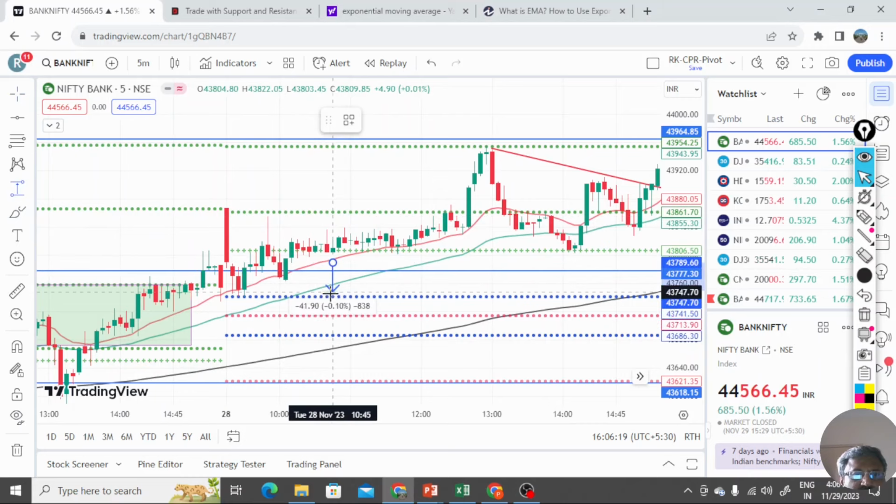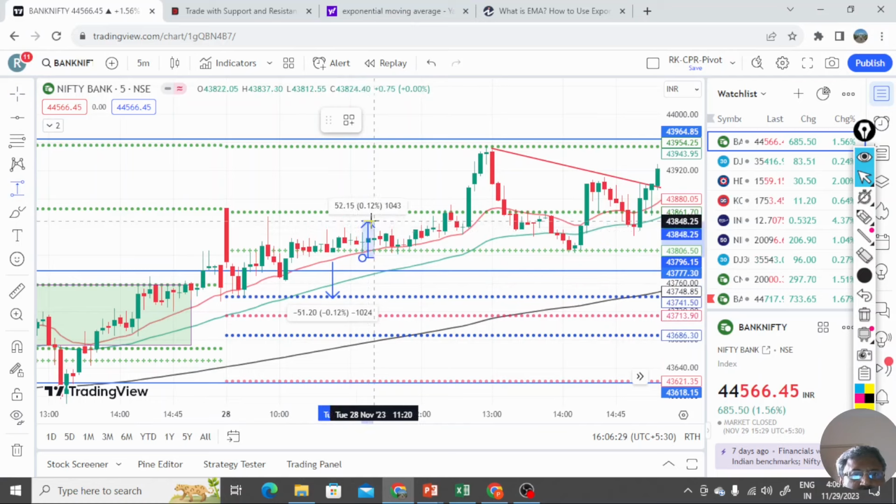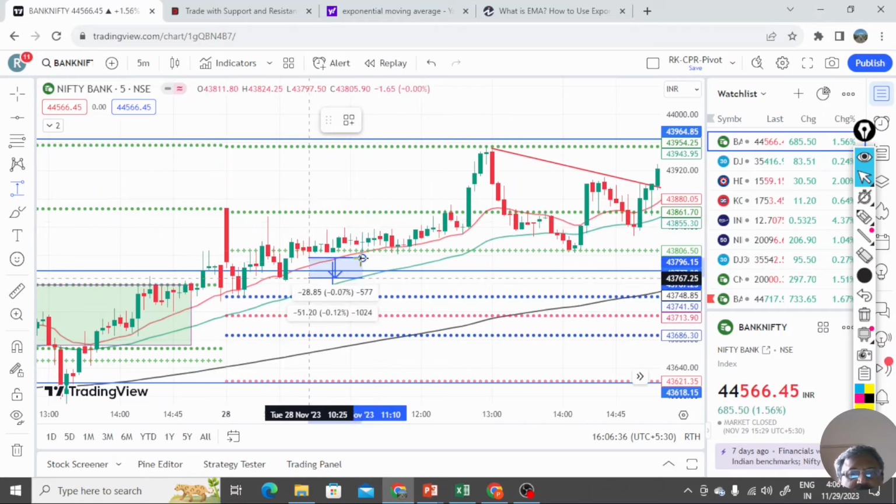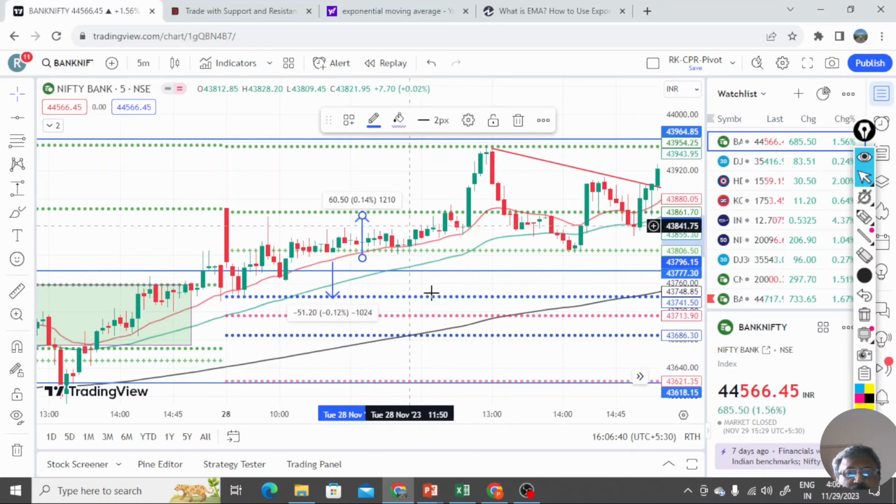See, this was nearly around 51 points stop loss, and the first target could have been here, 51 points, and you could have trailed your stop losses for another 51 points.